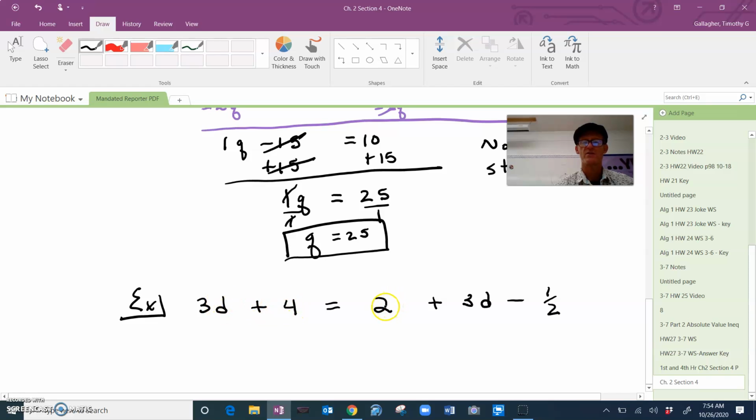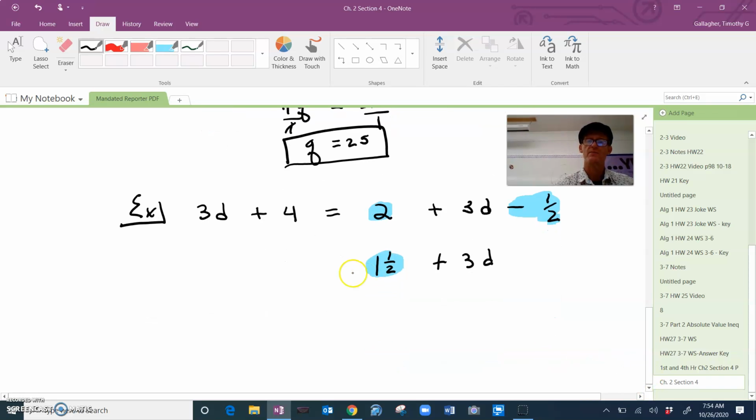On the right side I have 2 plus 3d minus 1/2. The 2 and the negative 1/2 get combined, and I get 1.5. The 3d just gets rewritten underneath, and the two terms on the left are not like each other, so we just rewrite them.